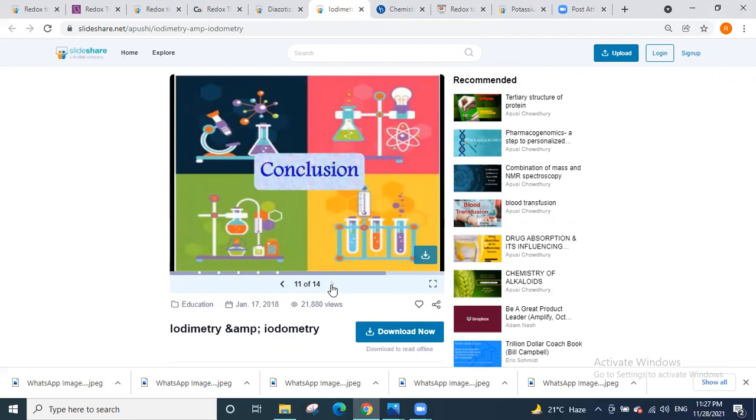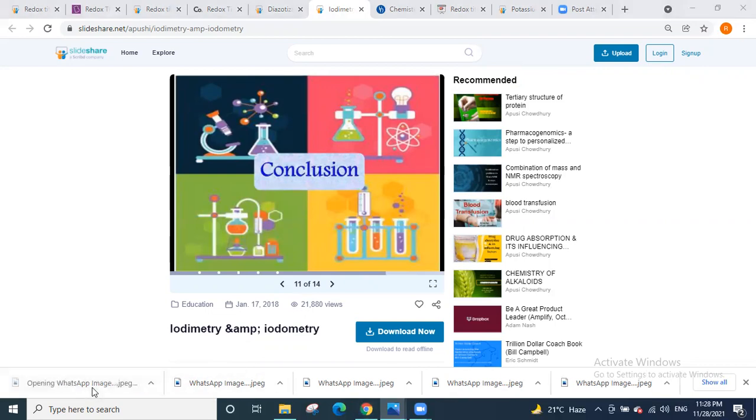Go through all of these things about the titrant and the different types of reaction taking place here with KMnO4, potassium dichromate, and iodine. ठीक है ना, how we choose the different types of indicators during the reaction.